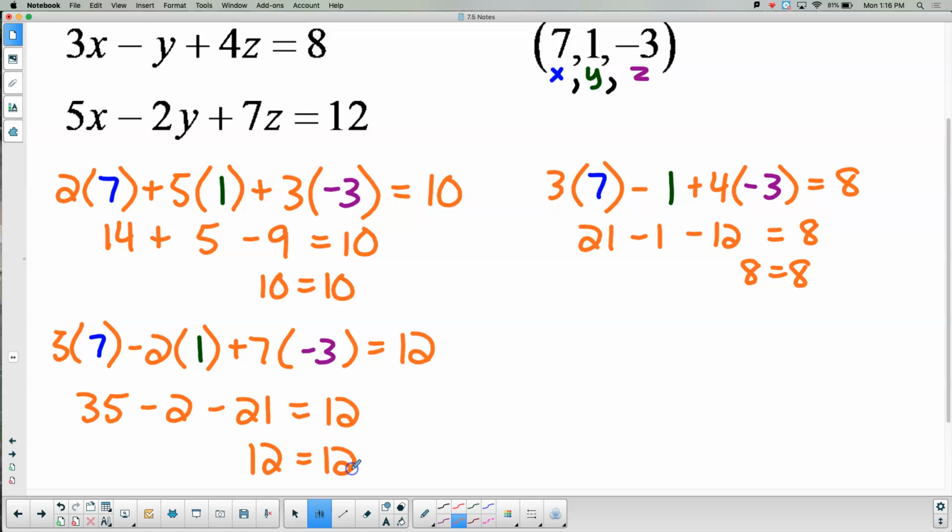And 12 is equal to 12. So it works out in all 3 equations. Therefore, yes, 7, comma 1, comma negative 3 is a solution.